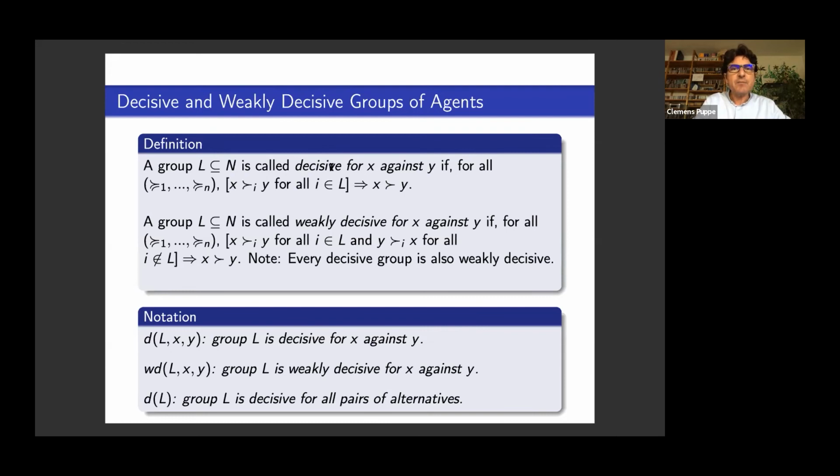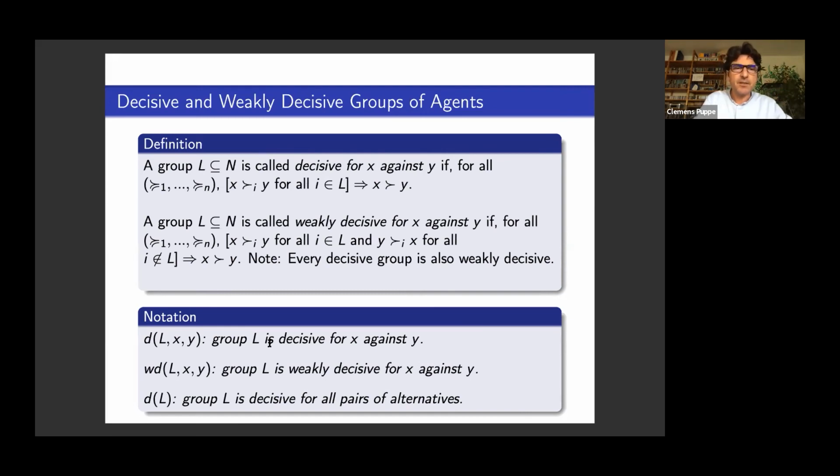Because decisiveness means no matter what the other people have as preference, the people in L can force their preference. And here it says only when the others have the opposite preference can a group force its preference. So purely logically, this is weaker, although intuitively it seems to be stronger to be decisive if everybody else is against. But pure logic means that this case is subsumed here as well.